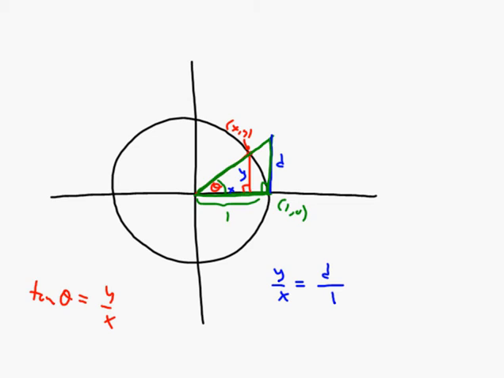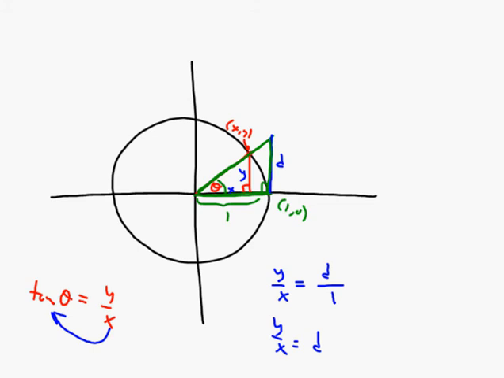Now, I don't know how tall this is yet, so I'm calling it d. It's a good letter. But I know that the whole base is 1. I know that 1 and x correspond like y and d correspond. So I'm just going to write y over x equals d. But wait a minute. Y over x equals tangent theta.